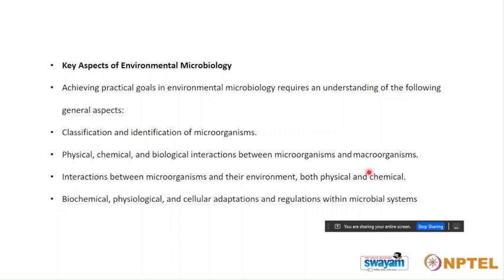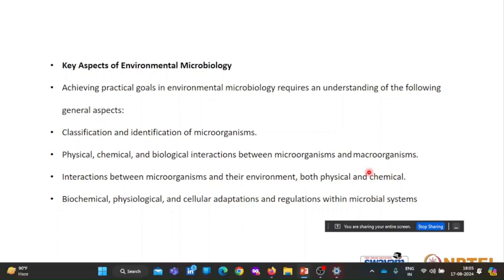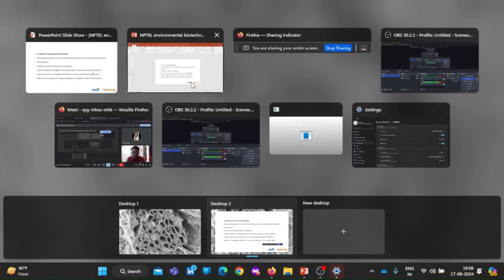Other than that, if some toxins are present, sometimes those toxins can induce the metabolism of microorganisms. So that also comes under chemical interaction. Like the nitrogen cycle and carbon cycle, they might also be included in this? Yes, of course.